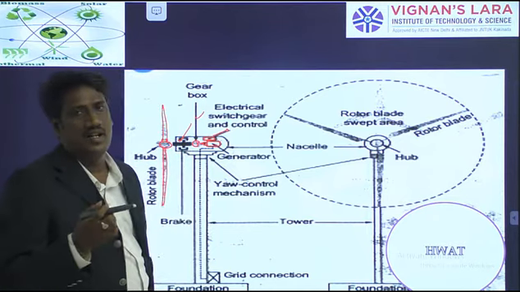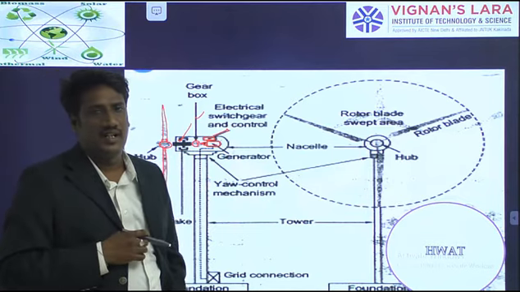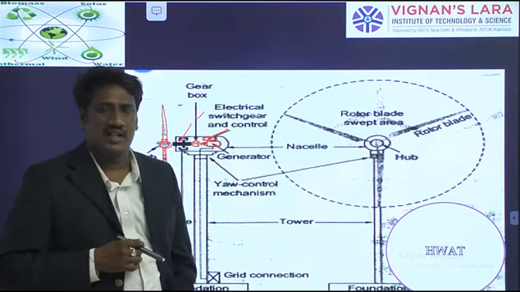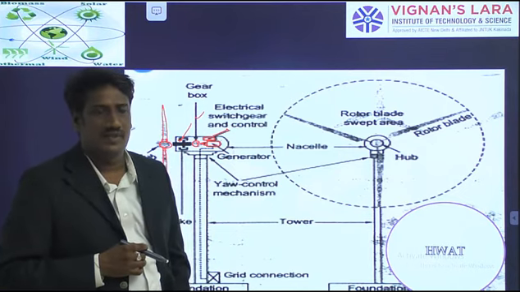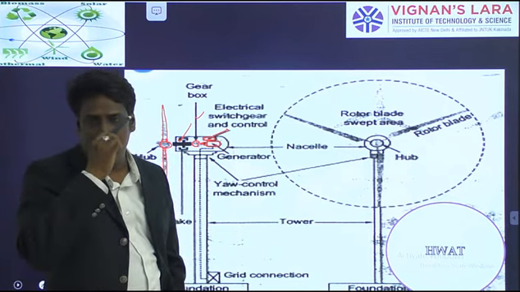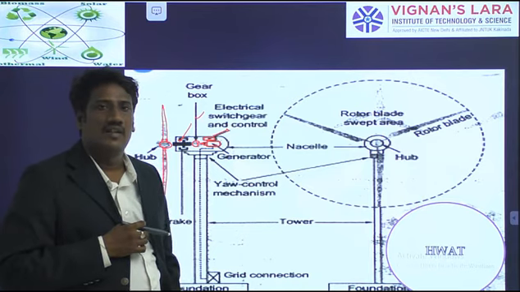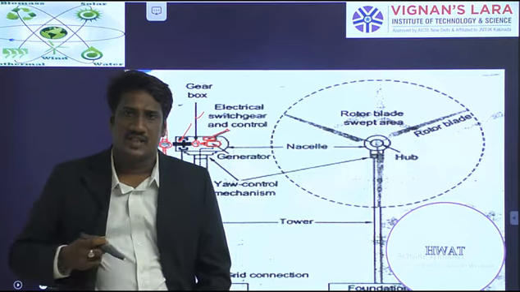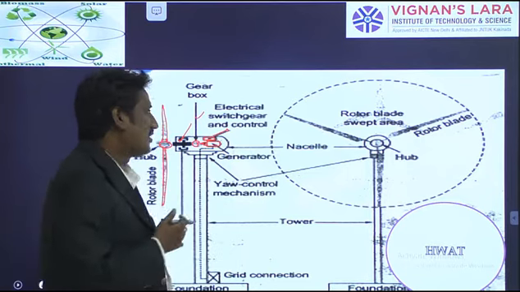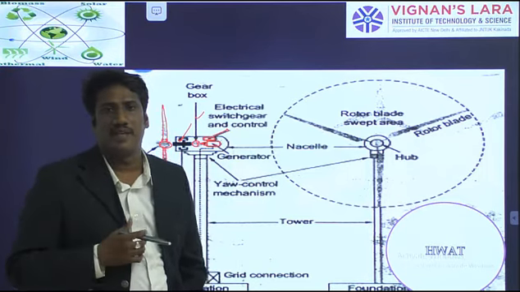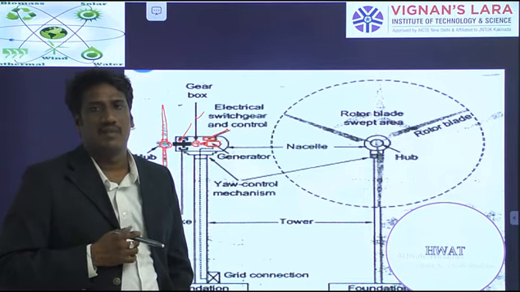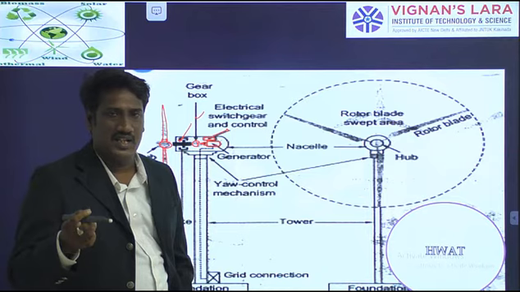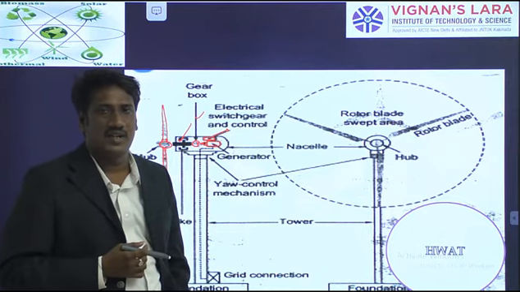Isolators are used to break the operation. Whenever maintenance is required, we will use an isolator. Manually the isolator will be opened for maintenance purposes. Also you will have circuit breakers, which can automatically make or break the circuit with the help of a relay. The relay is one which will sense the condition and send a signal to the circuit breaker.